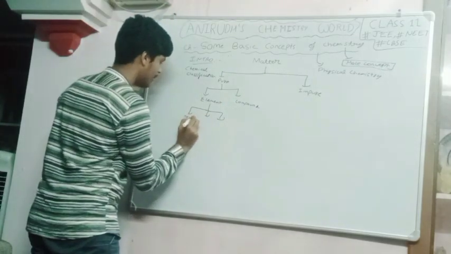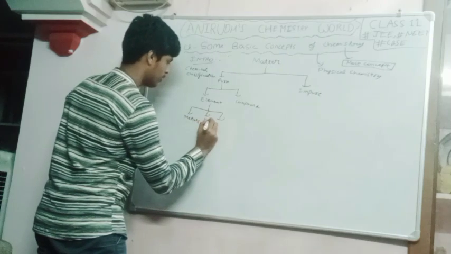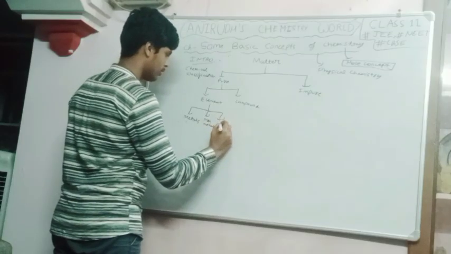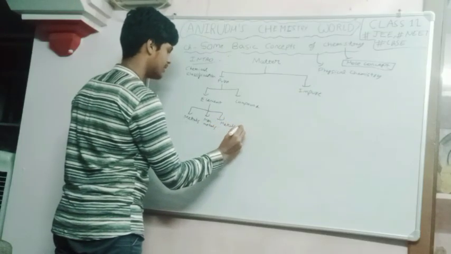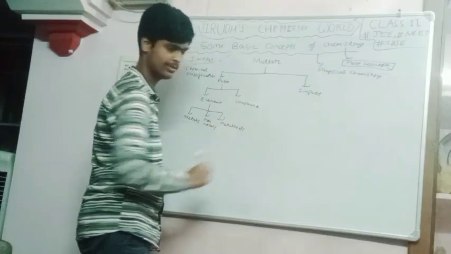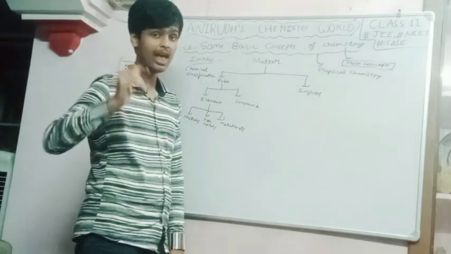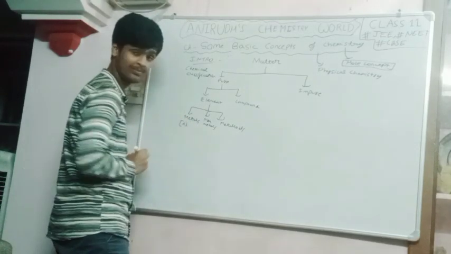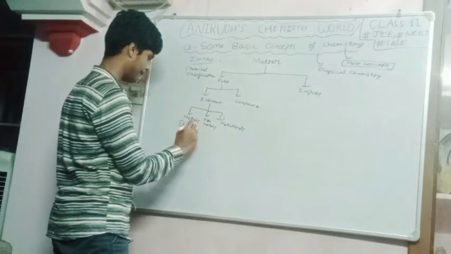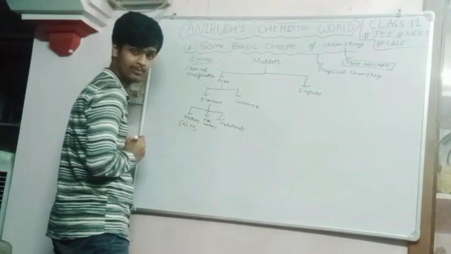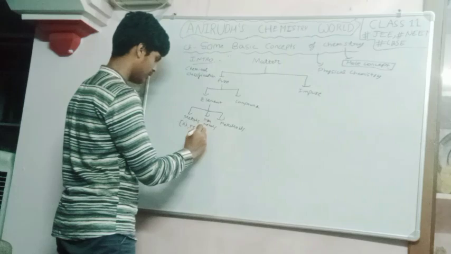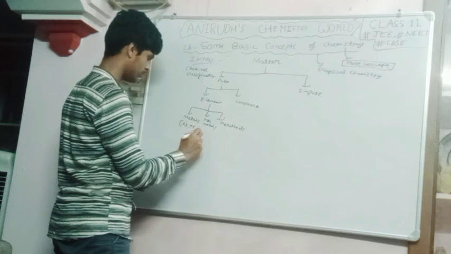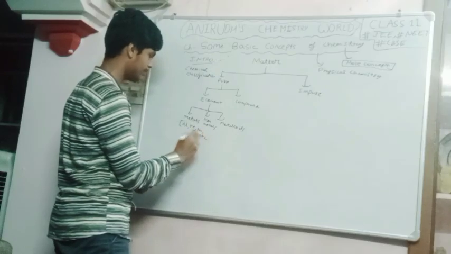First one is metals. Second one is non-metals. Third one is metalloids. In metals, I'll give the examples: aluminium, iron, sodium, potassium, calcium, etc. These are all metals.